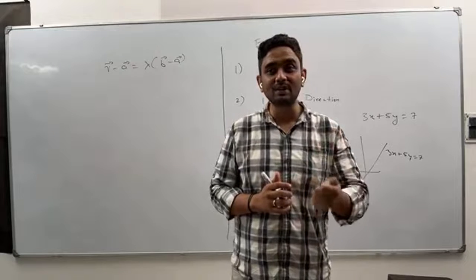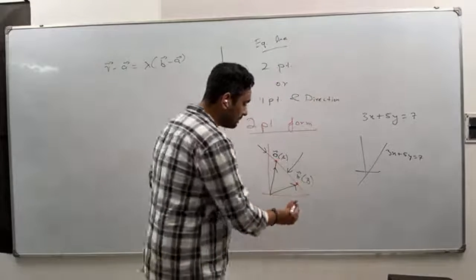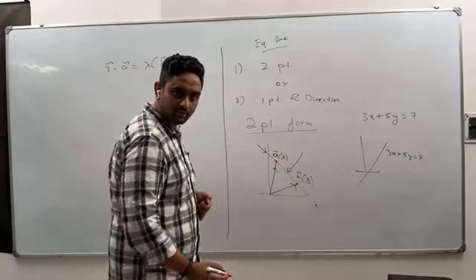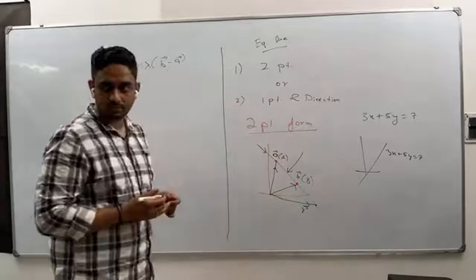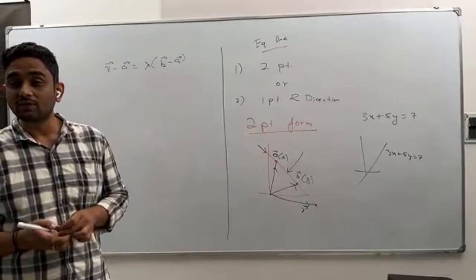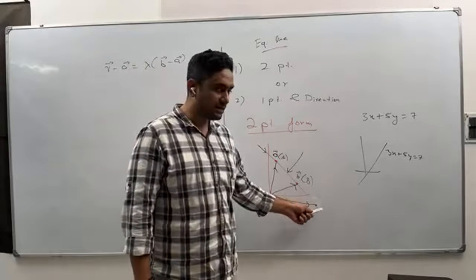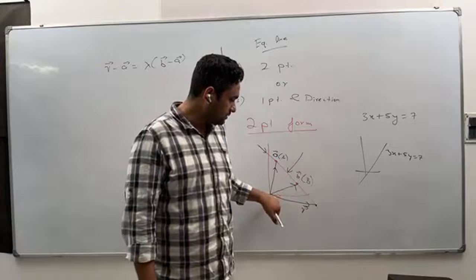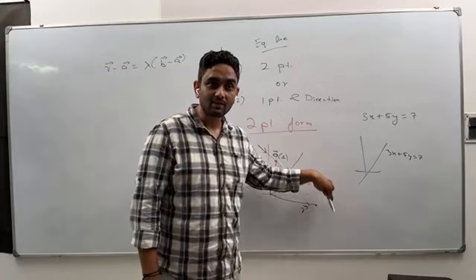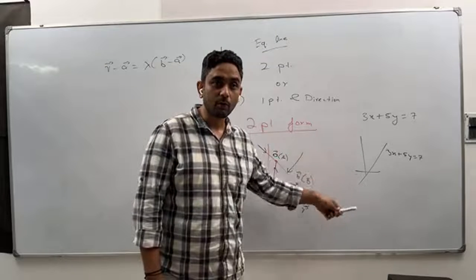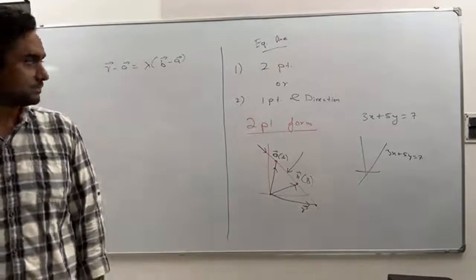So R is the position vector of any random point on the line. If I take this random point on the line, what will be the position vector? This is R. So if I take any random point, then I'm talking about this position vector. R is not the line. This is not the direction of the line. We want a point on the line, and we are talking about its position vector. Okay, so that is what we have to do.